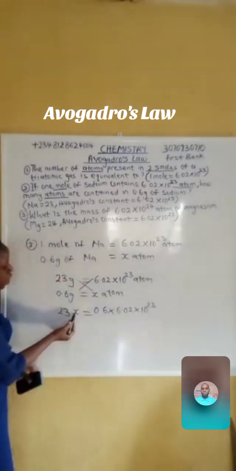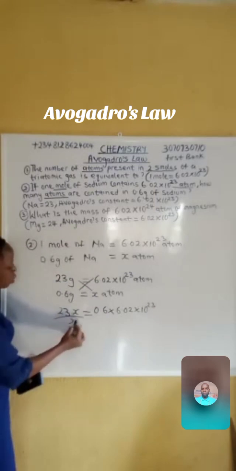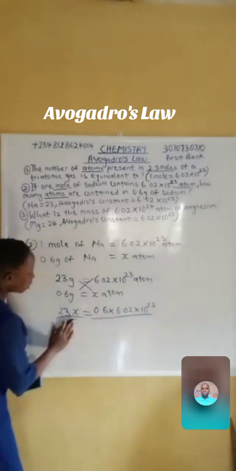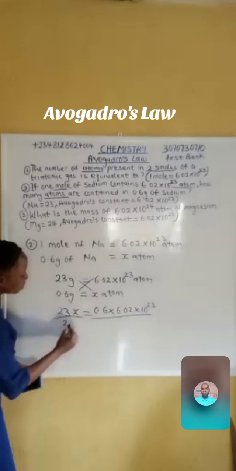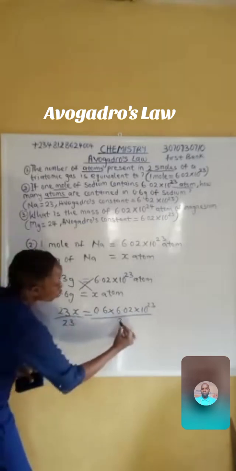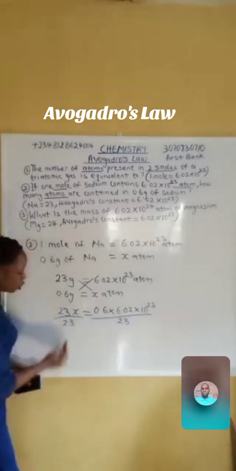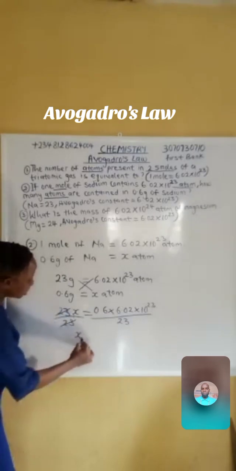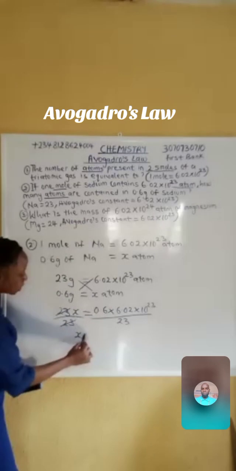Now what we are looking for is the value of X. We divide both sides by 23. So we cancel 23 on this side and we are left with X, which is X atom.